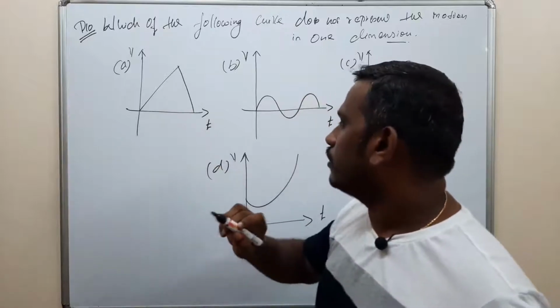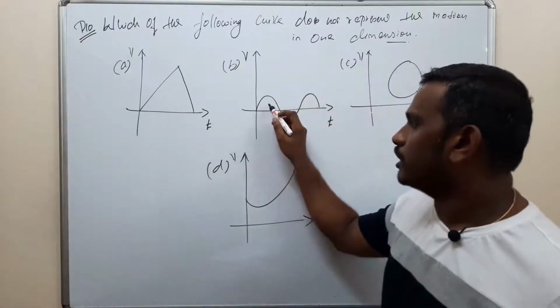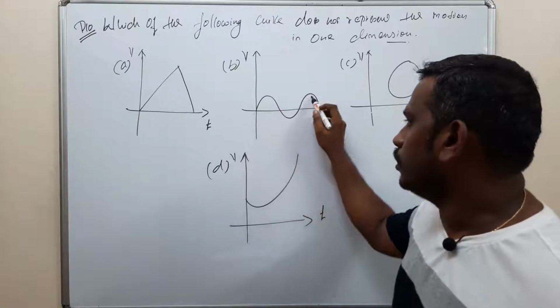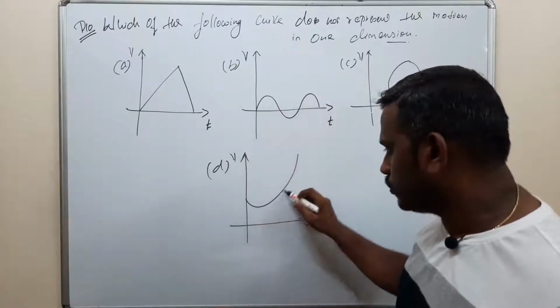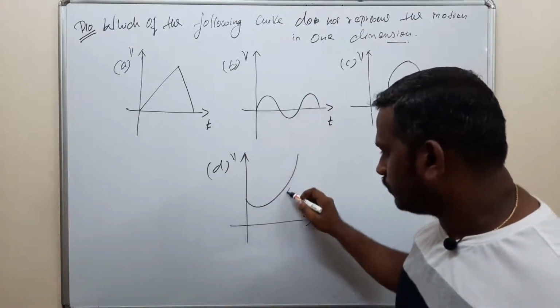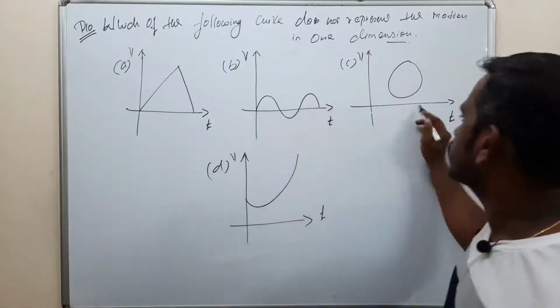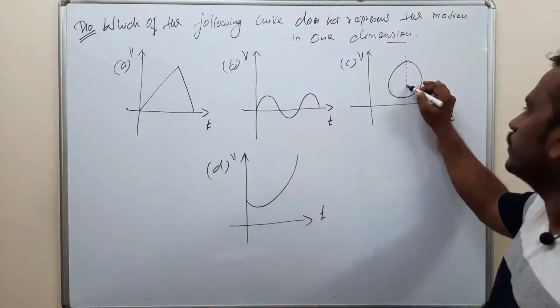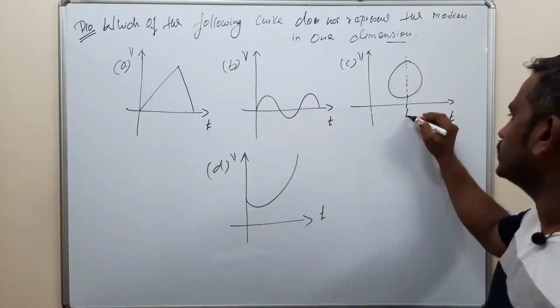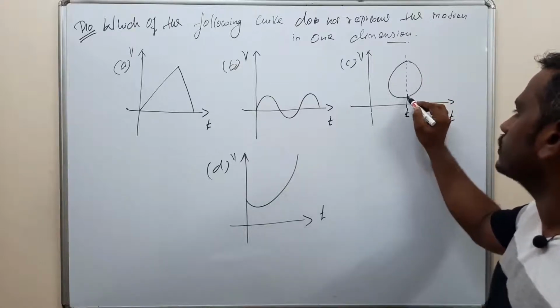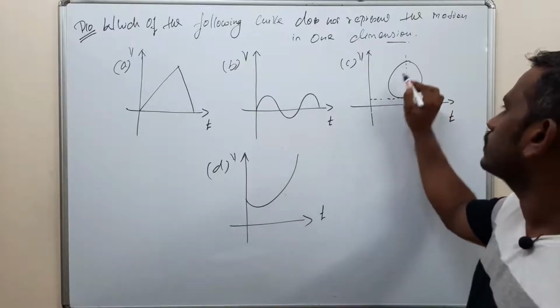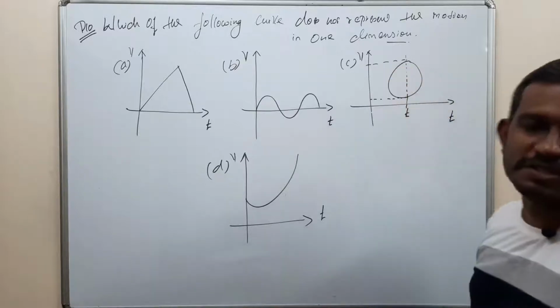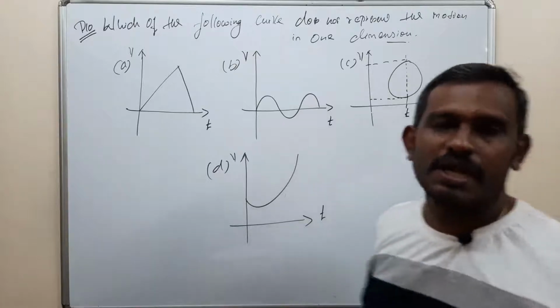Here also, and in this curve also, the body has only one velocity at a particular instant of time. But in this curve, at a particular instant of time, the body has two velocities. It is not possible in one dimensional motion.